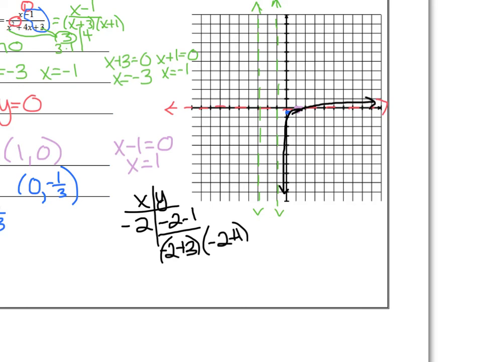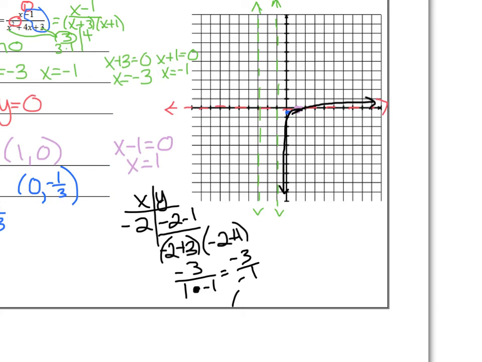-2 minus 1 on top is -3. -2 plus 3 is a positive 1 times -2 plus 1. I know that looks almost like a 4 there, but it's -2 plus 1, which is a -1. Well, that means -3 is over -1, and two negatives make a positive.